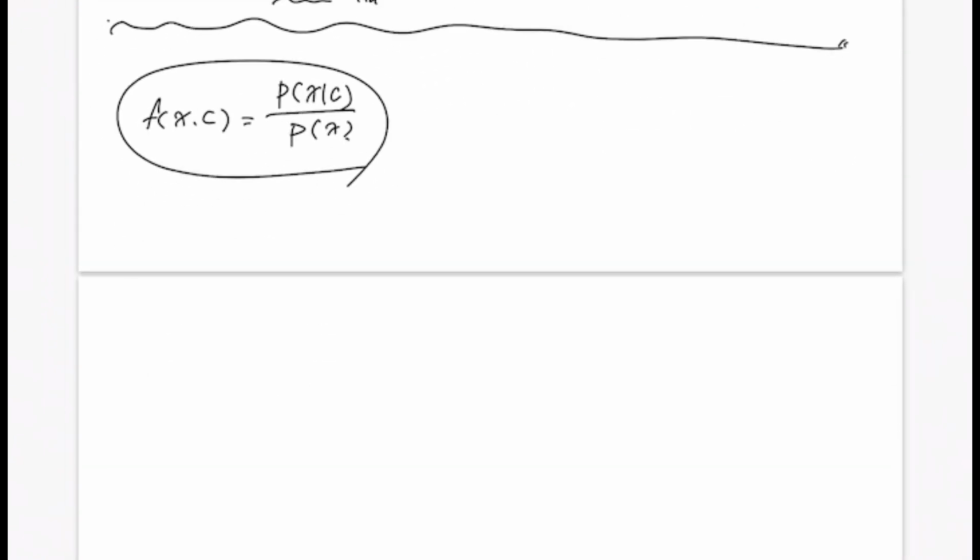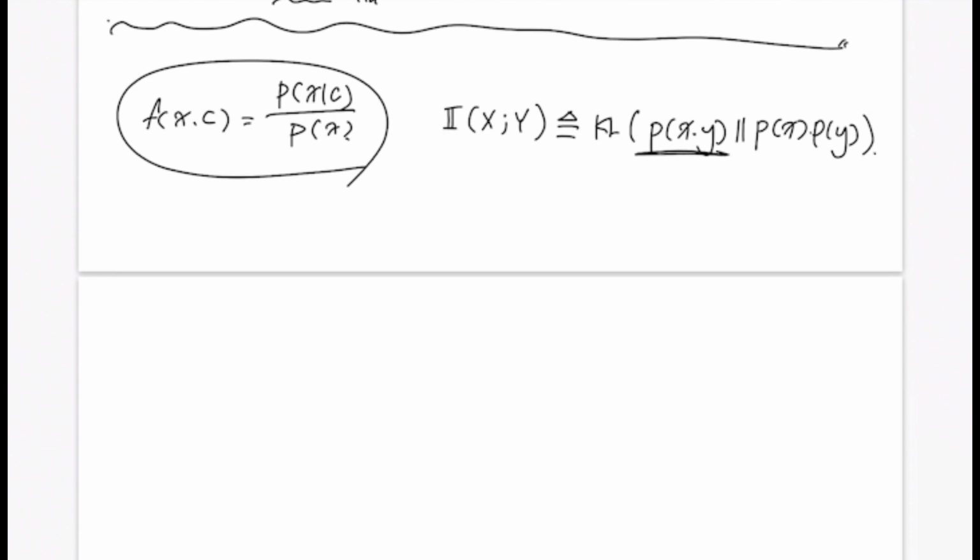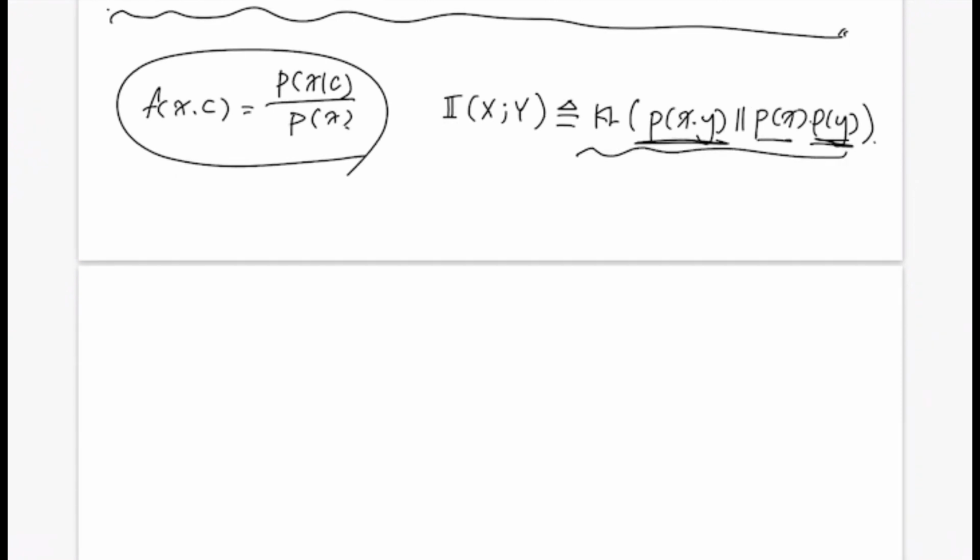And the definition of mutual information I(x; y) is defined as KL divergence of p(x, y) and p(x) multiplied by p(y). So the mutual information maximization measures the similarity of the joint distribution p(x, y) and the multiplication of each marginal distribution. And to see this equation, we have to know what KL divergence is.